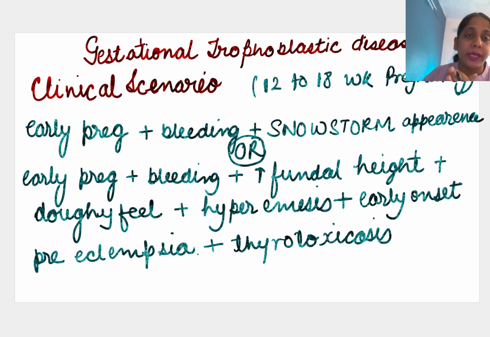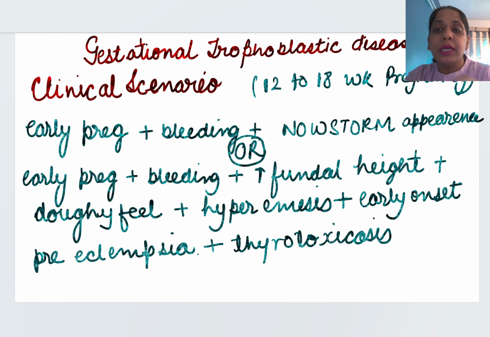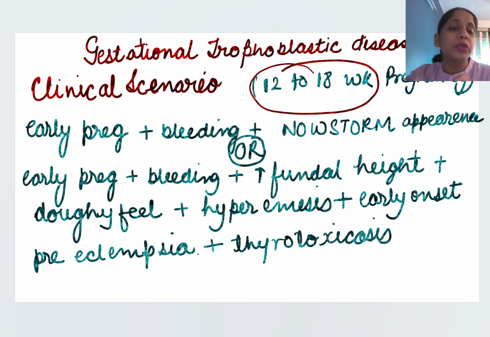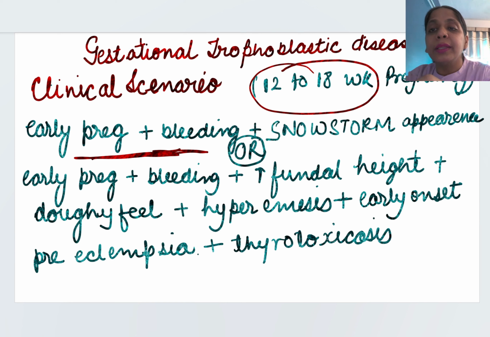The most common clinical scenario which they give you in the question is that an early pregnancy patient, around 12 to 18 weeks, comes with bleeding, and it is snowstorm.